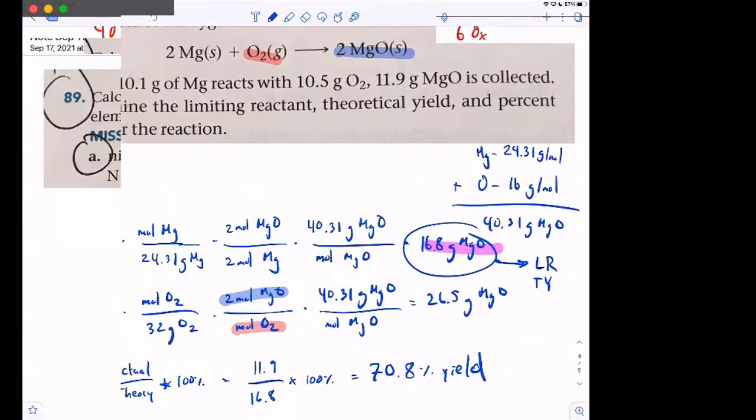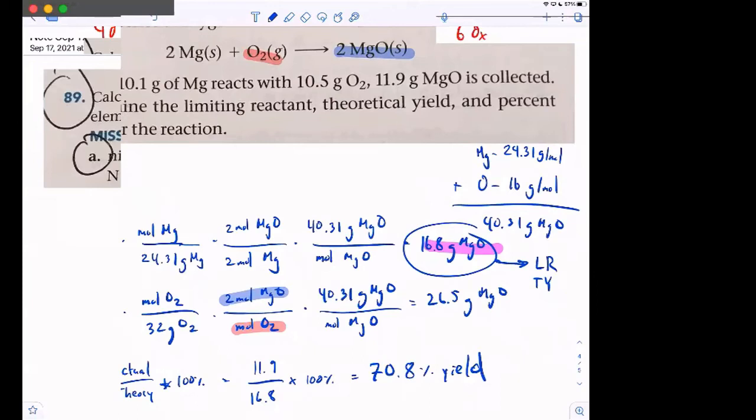Okay, but recap for this one. We have 10.1 grams of magnesium, 10.5 grams of oxygen, yields 11.9 grams of magnesium oxide. We're going to figure out what the limiting reactant is, what the theoretical yield is, and also the percent yield. So we start off with both reactants, and we figure out how much product we can get from them. The way we figure out the product is we convert from mass of reactant to moles of reactant.